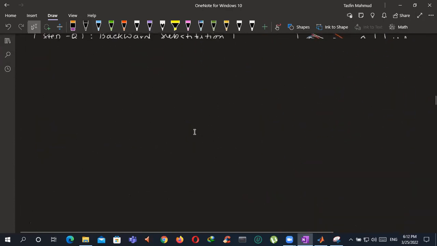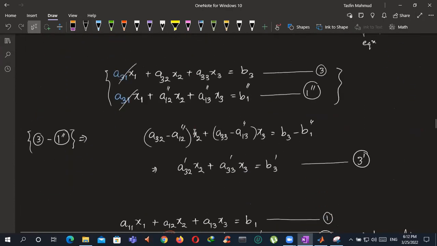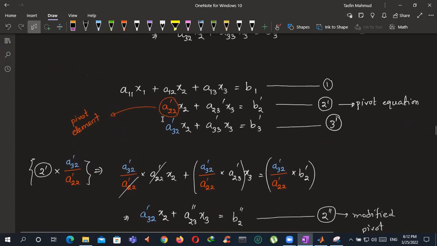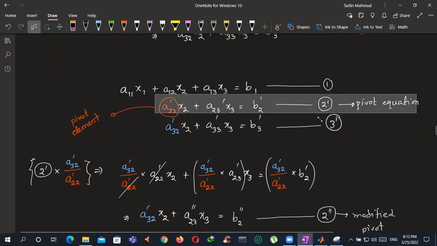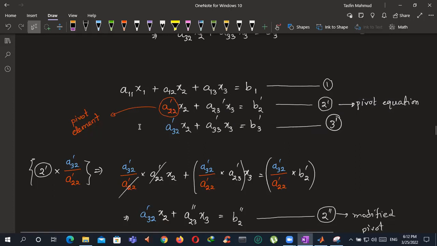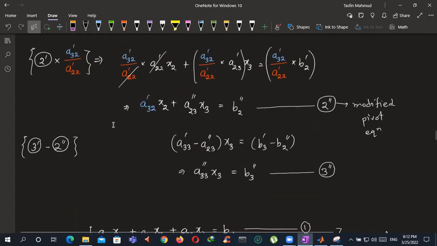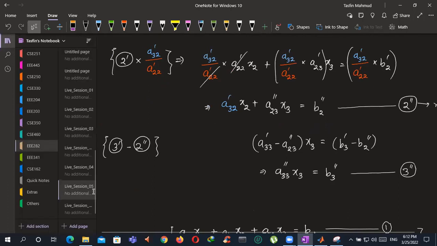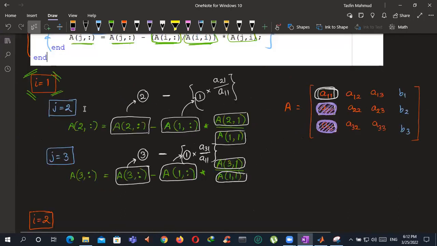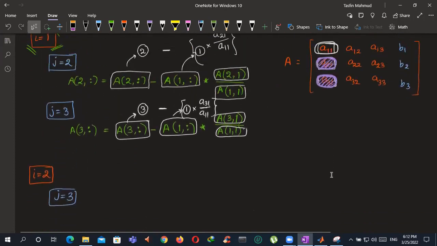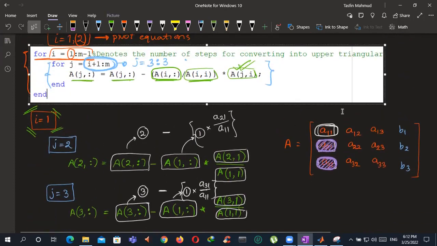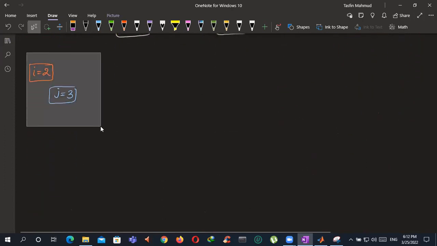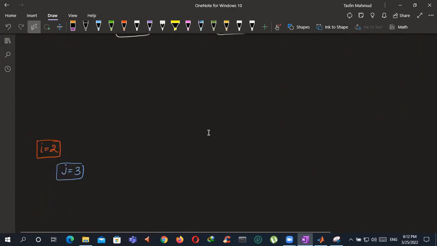If you can recall, for eliminating these terms, our pivot equation was the second equation, and our pivot element was this. So now this thing will happen. Okay, so if you just iterate the loop by putting the value of I and j, you will see. Okay, let me just copy this thing. Let's try to iterate it as well.